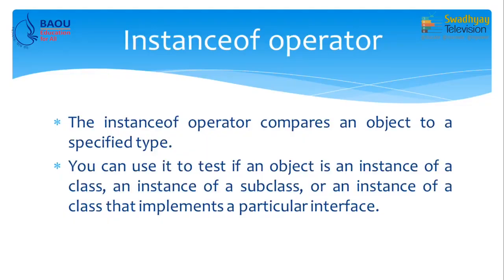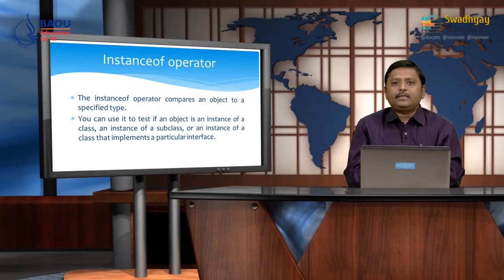So, the instanceof operator compares an object to a specified type. You can use it to test if an object is an instance of a class, an instance of a subclass, or an instance of a class that implements a particular interface. In inheritance, we will see how to use this instanceof operator, because in inheritance we can say a child class is also of type parent class.